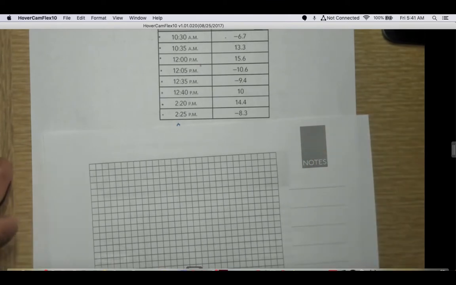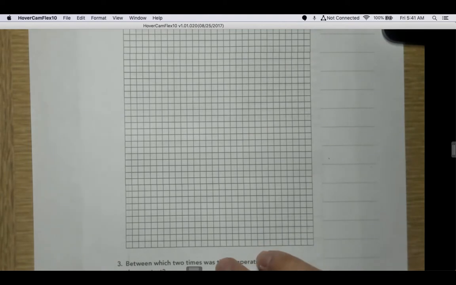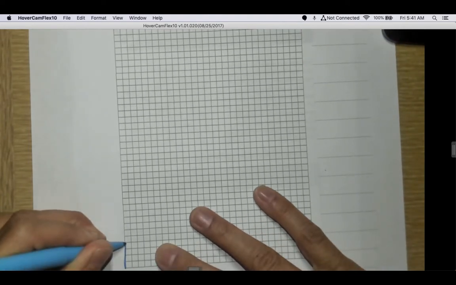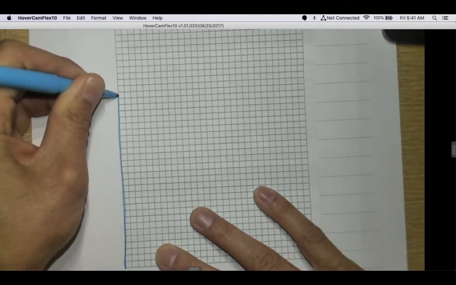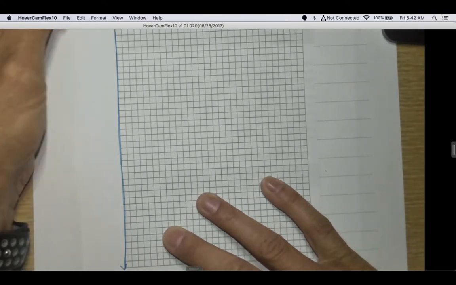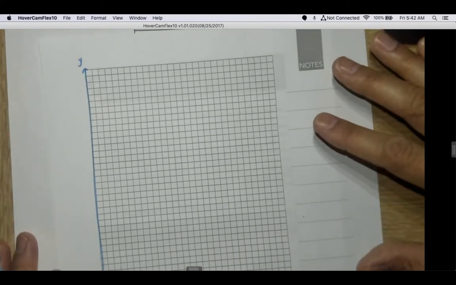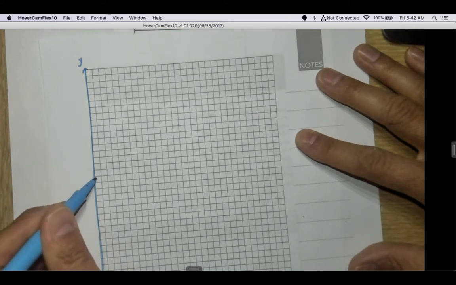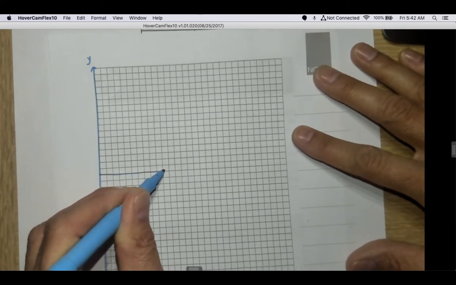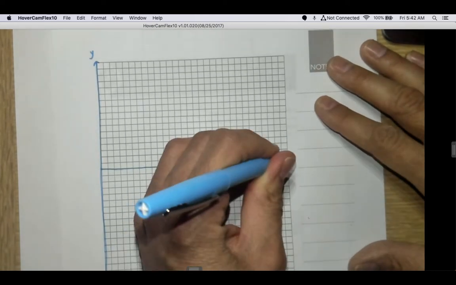So if I'm thinking about this graph on this page, I want to do the following. I'm going to make it so my y-axis right here is going to be my temperatures. Then I'm going to make it so my x-axis right here is going to be my time.